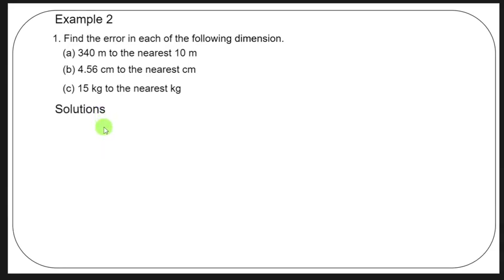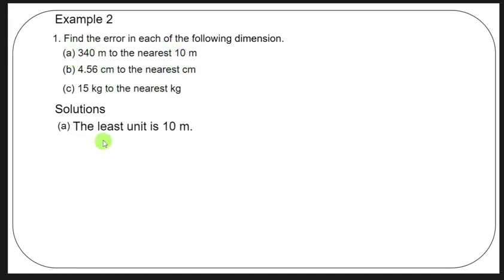So we'll say solution for A. For A, they're saying we should find the error in each of the following dimensions. In A, 340 meters to the nearest 10 meters. So when they say to the nearest 10 meters, they're telling you that the least unit of measurement is 10 meters in such a measurement.